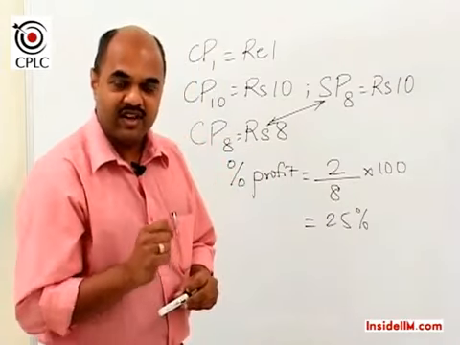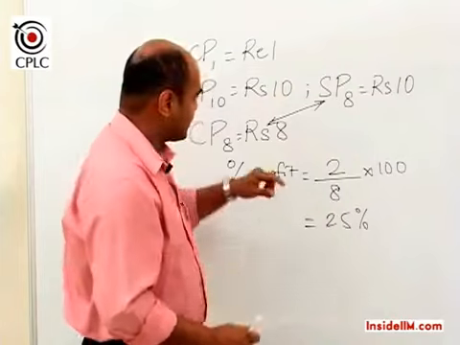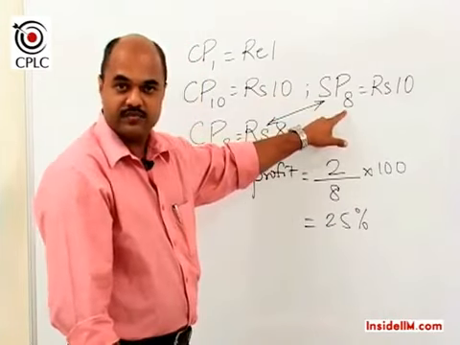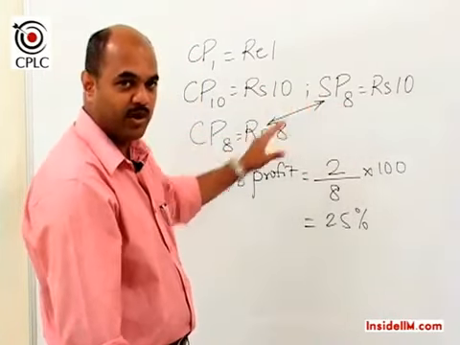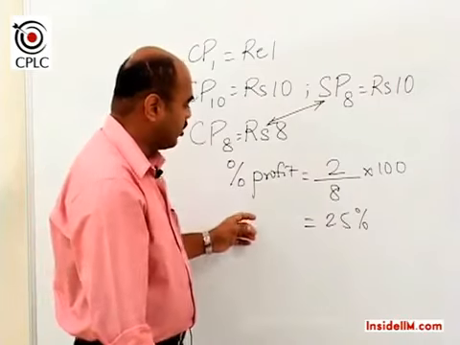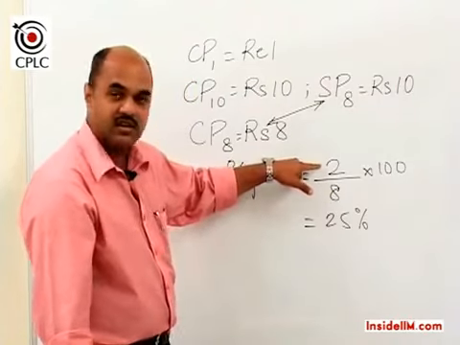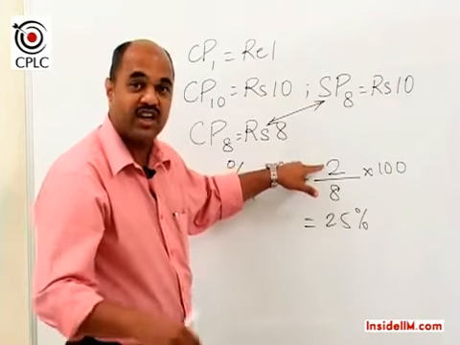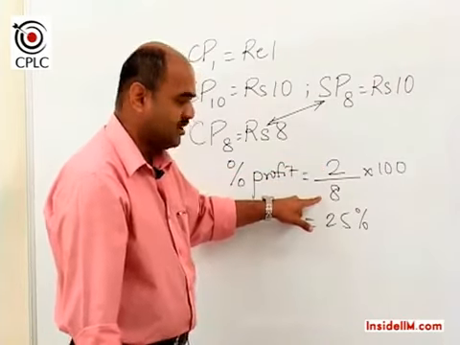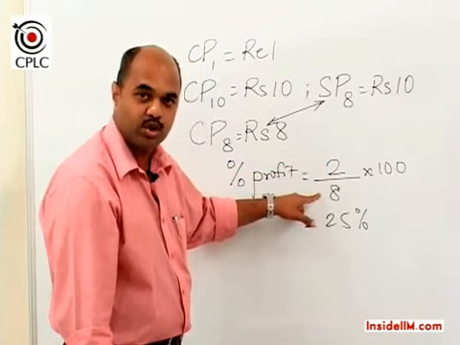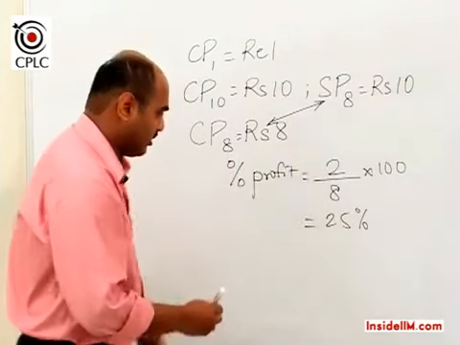So I am saving 2 articles on selling 8 articles, and hence the percentage profit can be written down as number of articles saved or gained divided by number of articles sold multiplied by 100.